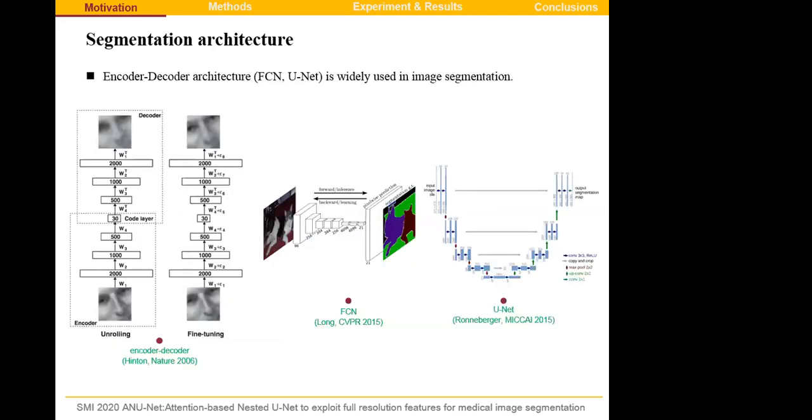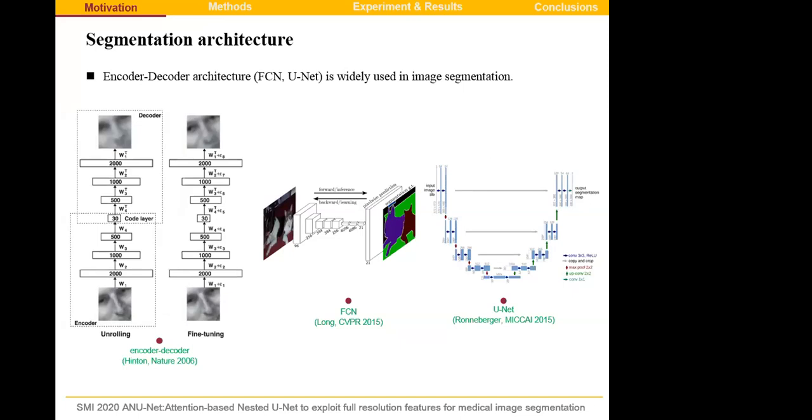In image segmentation, UNet and FCN are well known. UNet and FCN are very similar. Their structure uses a more classic idea, that is encoder-decoder. It was proposed by Hinton and published in Nature.